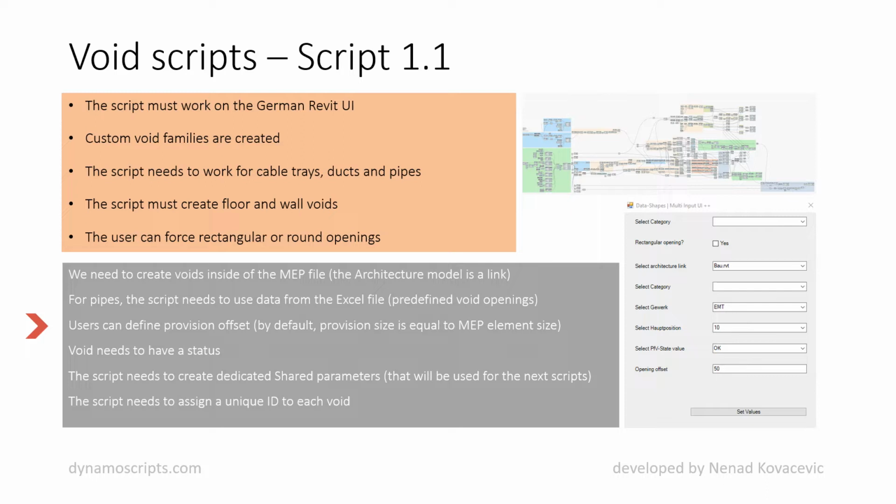So if you have, I don't know, duct which is 600 by 400, you can say that you want to have an offset of 50 millimeters by each side, and that will enlarge the size of the provisions for 100 millimeters in total. As I did say, the voids must have a status. Also user have some predefined custom parameters, and also every niche provision that the script creates need to have this unique ID that is a sequence, and it has some logic inside the script how that ID will be formed.